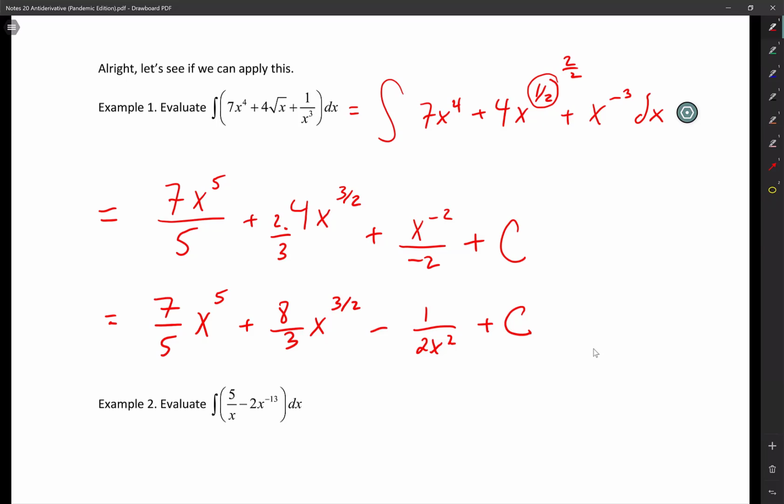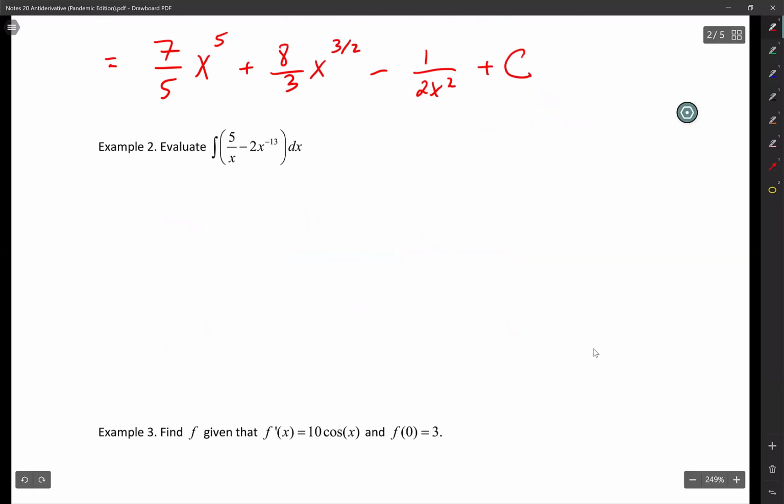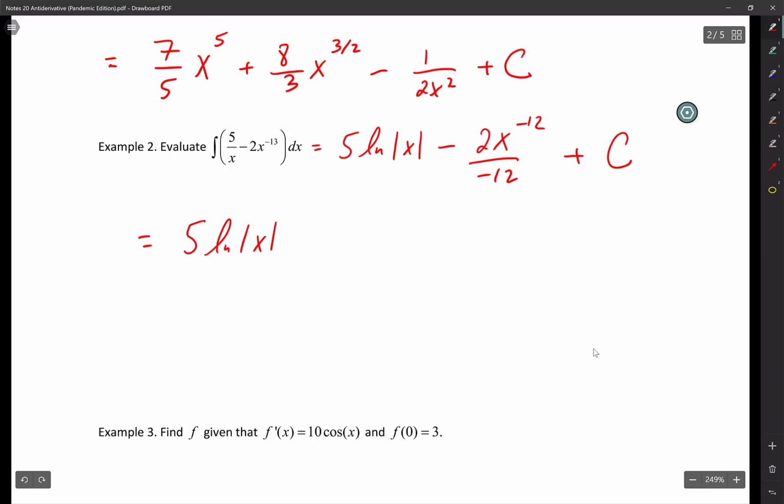All right, here we go. Next one. Evaluate integral of 5 over x minus 2x to the negative 13. I recognize this 5 over x is the same thing as 5 ln absolute value of x minus, let's see, 2x to the negative 12 divided by negative 12 plus some constant c equals 5 ln absolute value of x plus 2 goes into 12 6 times.